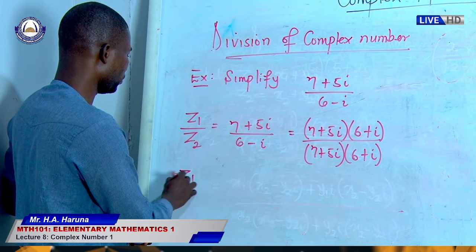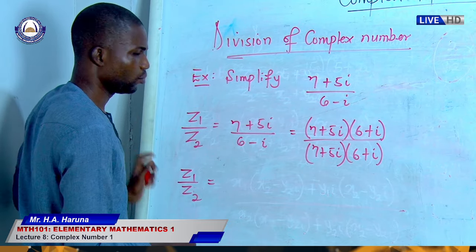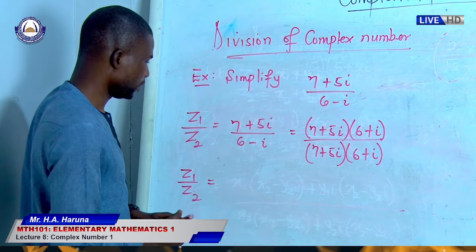So z1 over z2 equals, now let's simplify. Okay, 7 times 6 is 42.